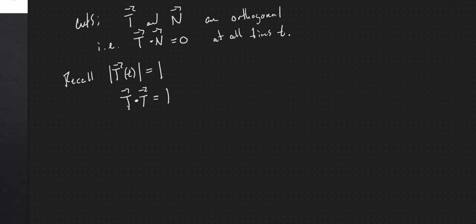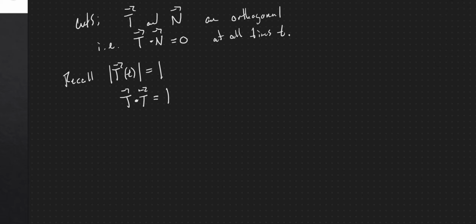And notice that sometimes I suppress the input variable t. This T is no different than this T. Sometimes I want to be explicit about the fact that this is a vector valued function, and other times it's implicit. We should always be thinking of a unit tangent vector as not just one vector, but as a vector valued function that has different vectors when we put in different parameters. So this is T dot T is equal to 1.